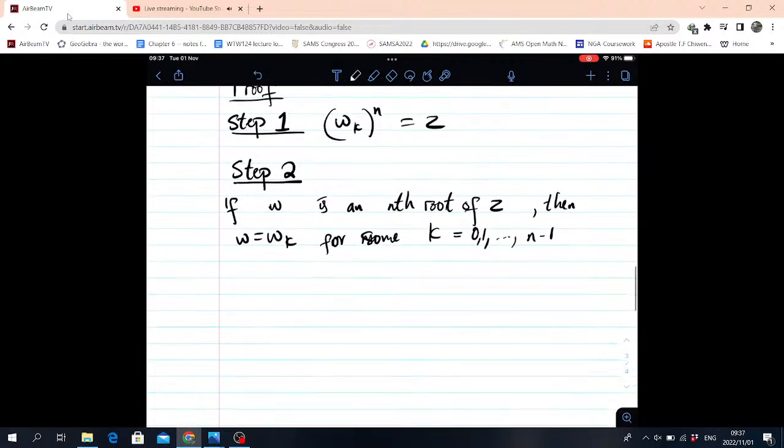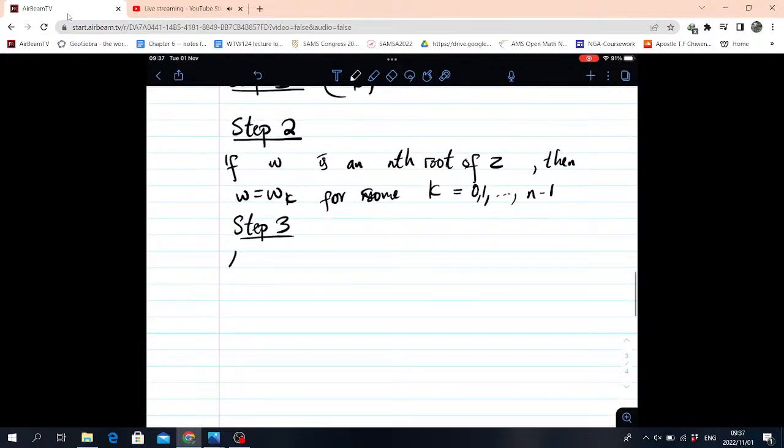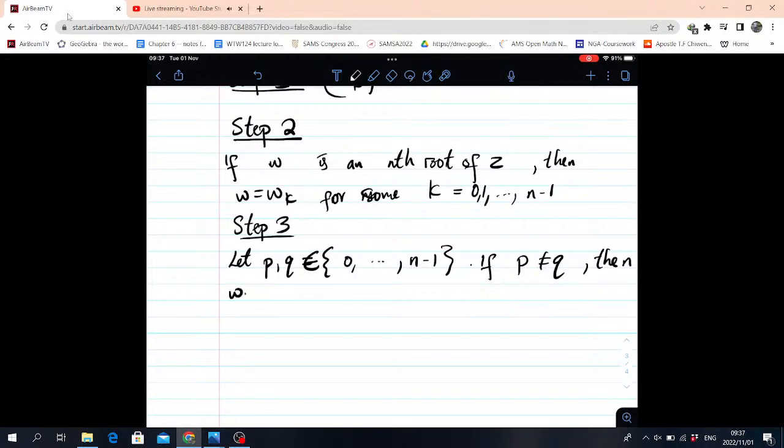And then step 3 would be to prove that if you've got any two ones, because now you want to show that all of these nth roots that we have are distinct. Now you want to say, well, if p and q are in this set, if p is not equal to q, then the respective complex numbers should also not be the same.